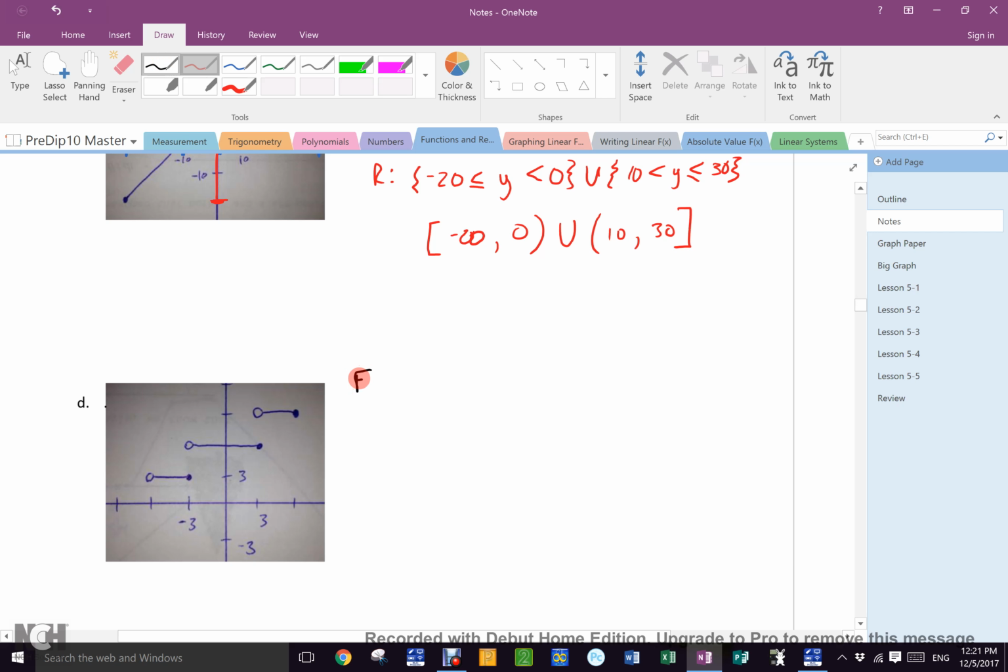D, function. Ooh, intrigue. It's a fight. Because the hollow circle does not include that exact point. There you go. You're absolutely right. You're not including the circles. What's confusing? The circle dot exists, the open dot doesn't.